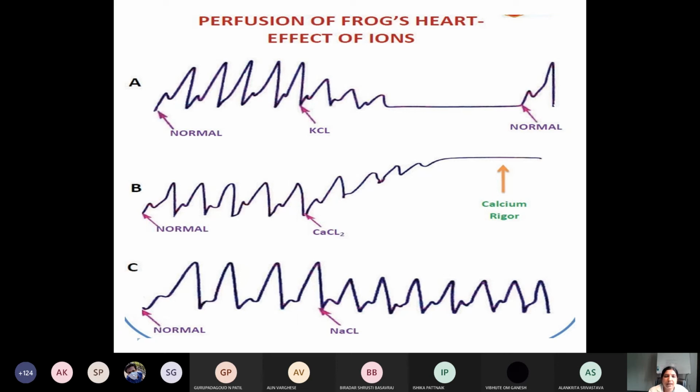That means you have understood the basic physiological science. Depending on this, you are going to build your clinical explanation of cardiac tissue behavior in different solutions, or hyperkalemia, hypernatremia, all those shock conditions, what happens, coronary insufficiency, what happens, like that. So we have come to the end of this discussion of cardiac muscle properties in the amphibian heart, that is the frog's heart. Any doubt?